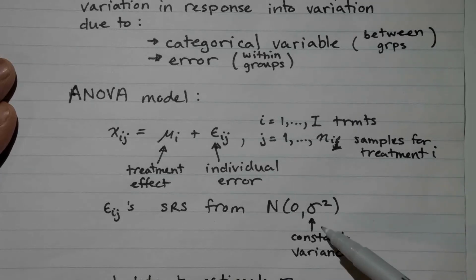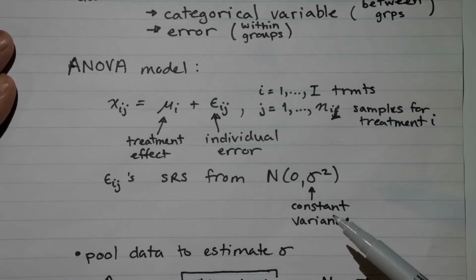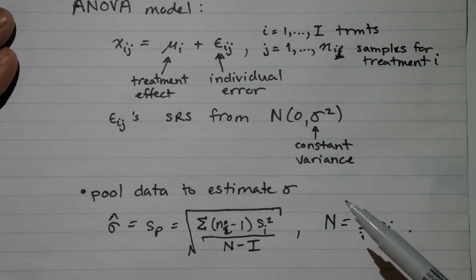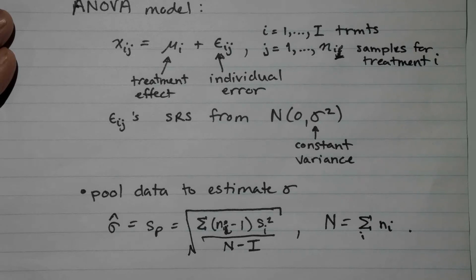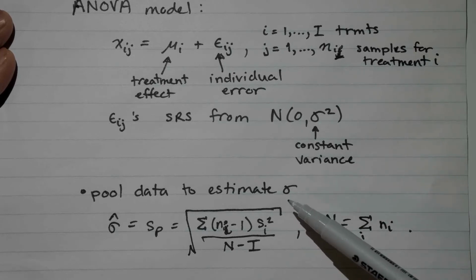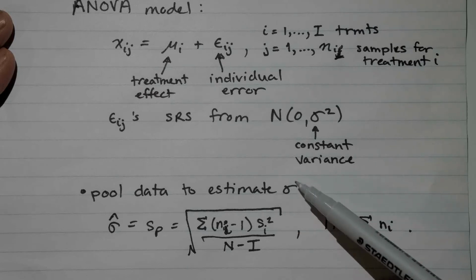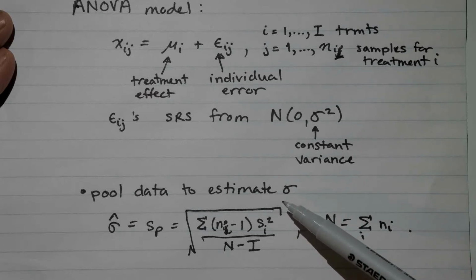And in order to estimate this, what's best to do, even though we assume that the means might be different in each of these populations, we can still pool all our information again for estimating our sigma.